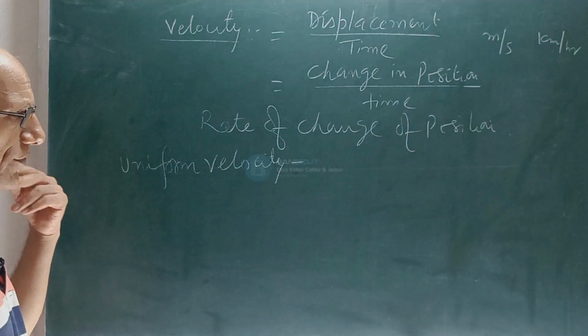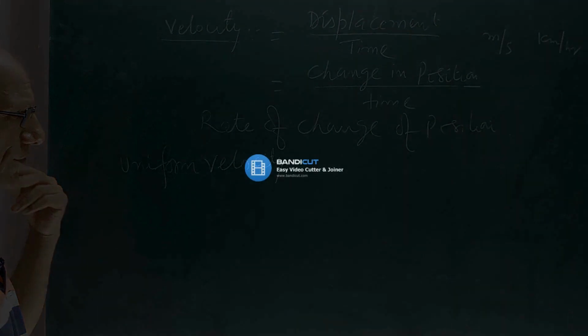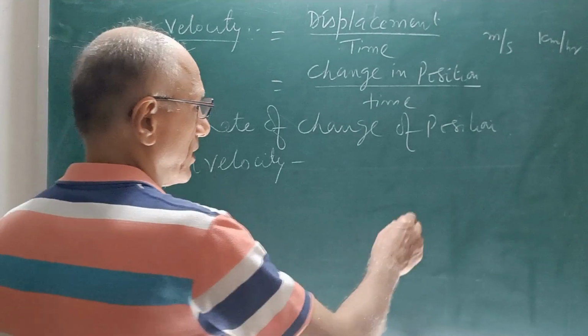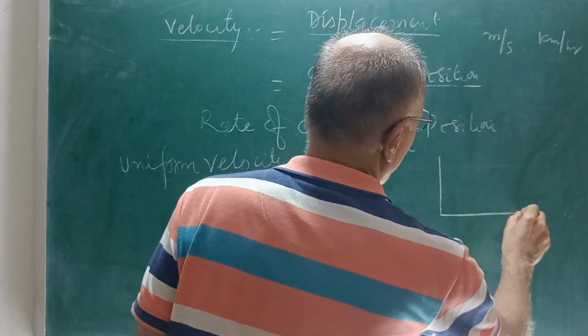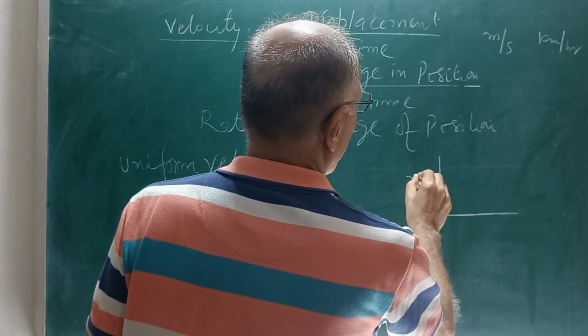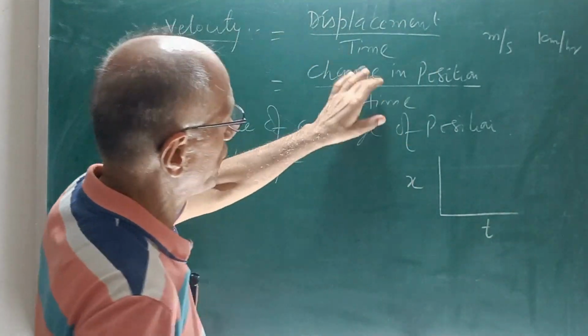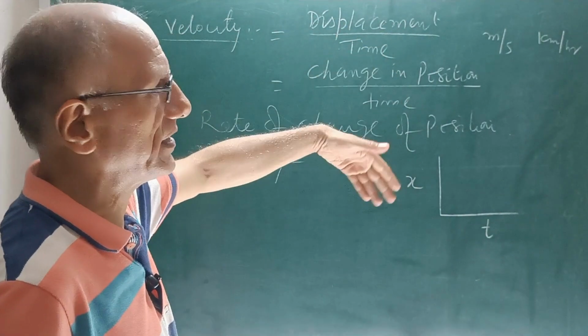If you try to plot the graph between displacement, that means position and time. The change in position is there. Displacement is given by the change in position.